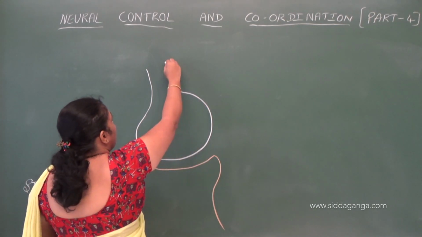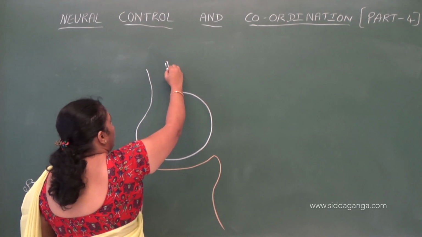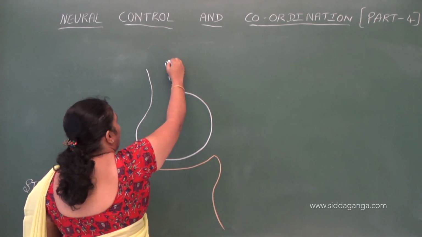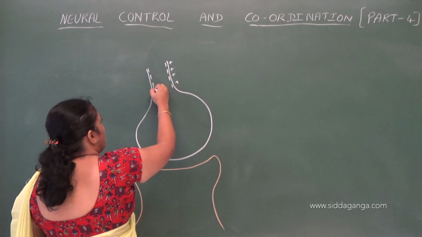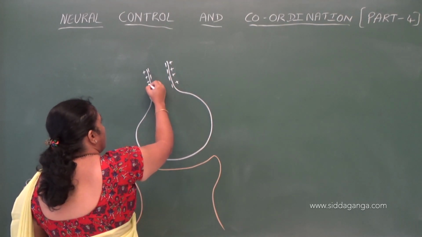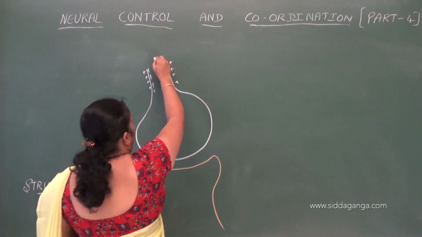We know that usually it will be inner negative charge, outer positive charge. This is axon.